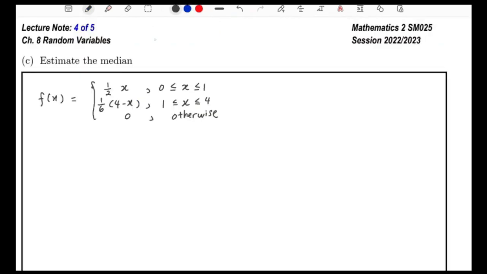C. Estimate the median. In order to find the median, we need to integrate from negative infinity until the m to get the answer. But since we have two different functions here, we need to check whether the median lies in the first function or the second function. So to check, I'm going to integrate from 0 until half for the first function, which is half x, and then I'm going to check the answer.